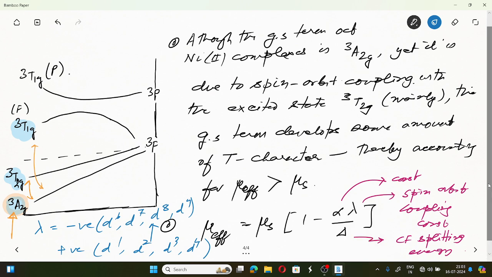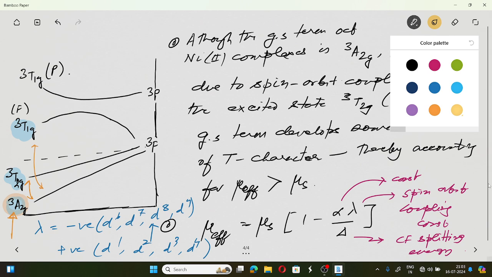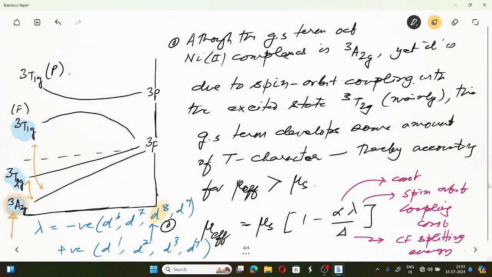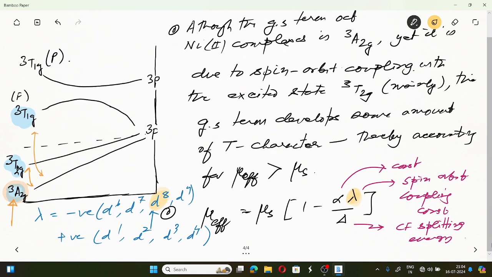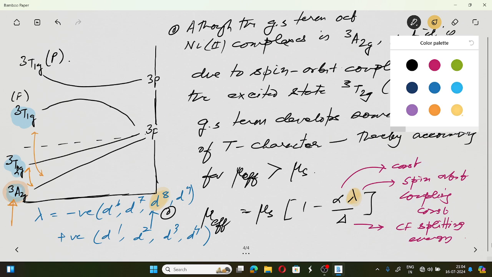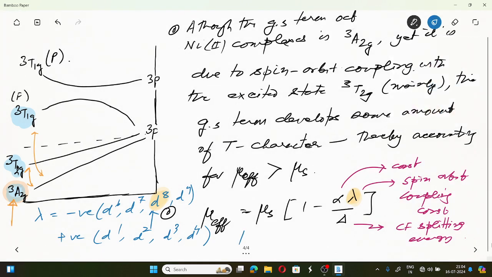So try to understand, this is nickel 2, nickel 2 মানে কি, এটা হচ্ছে d8 system, কিন্তু বুঝতে পারছো, d8 system means lambda is negative. দেখো ল্যামডা যদি নেগেটিভ হয় তাহলে কি হবে, এই জিনিসটা পজিটিভ হয়ে যাচ্ছে, and mu effective will be greater than mu s, অর্থাৎ সিন্স ল্যামডা ইজ নেগেটিভ therefore mu effective greater than mu s.